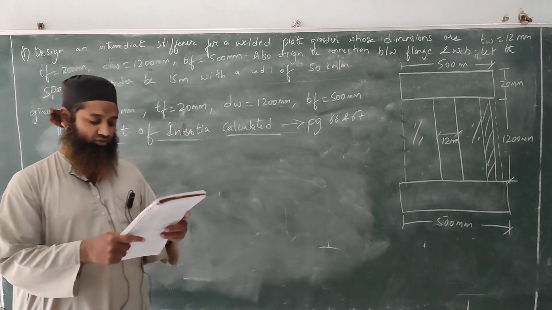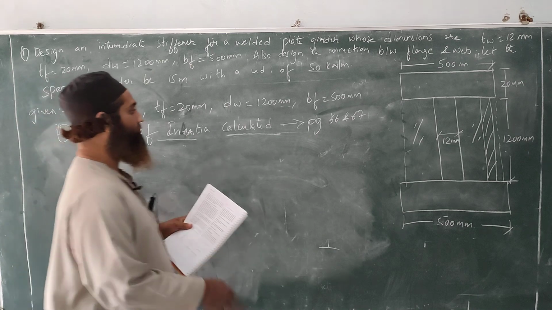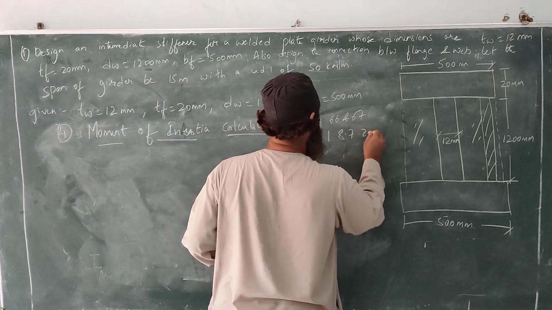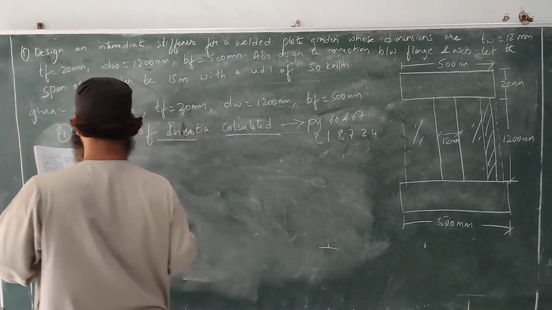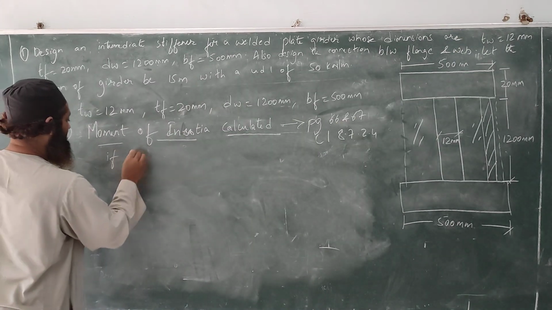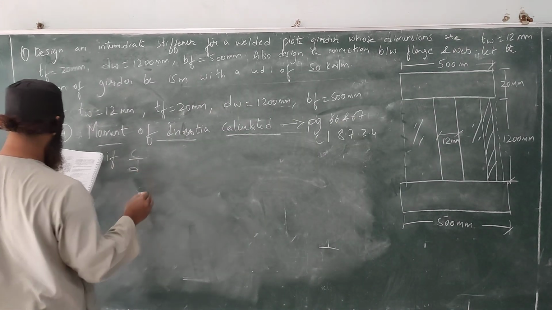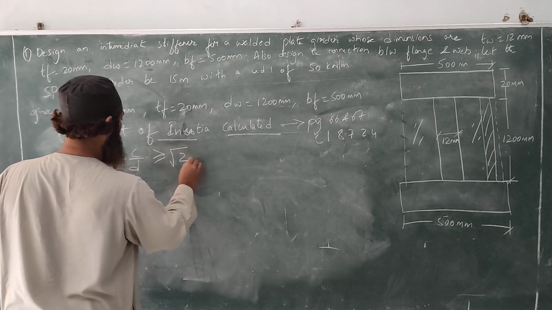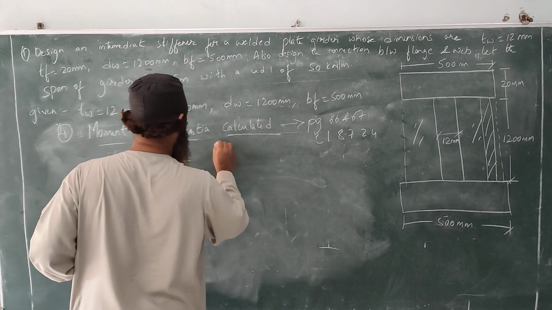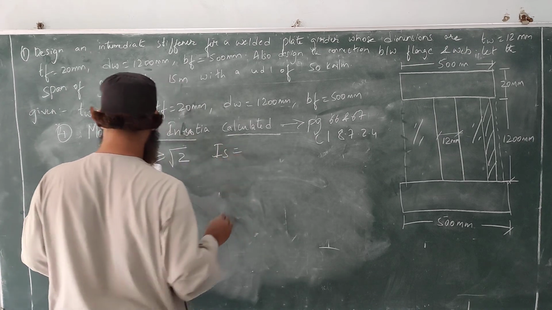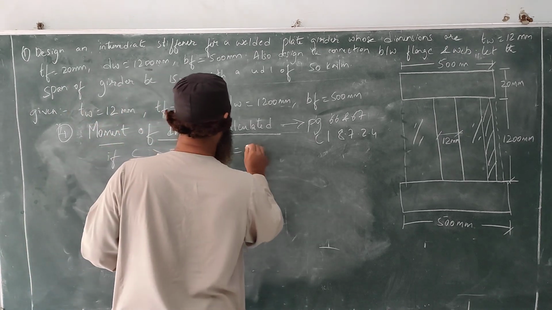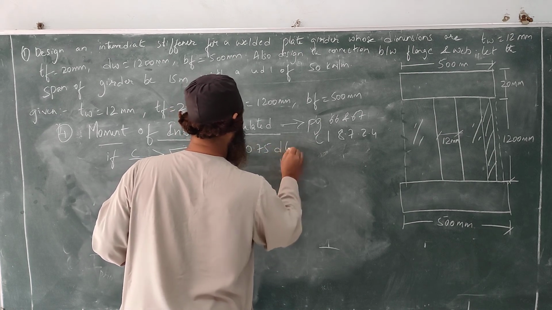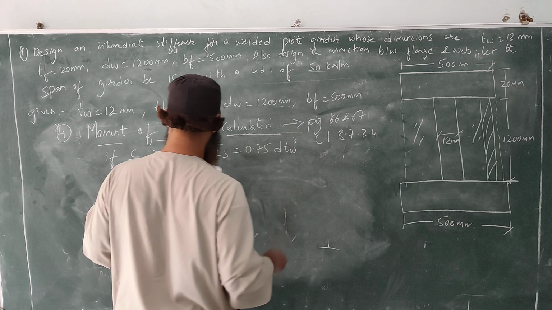I'll just write this clause here. It is clause 8.7.2.4. Just see here, what does this clause say? If C by D value is greater than or equal to root 2, then IS, this is the calculated moment of inertia, should be 0.75 into d TW cube.